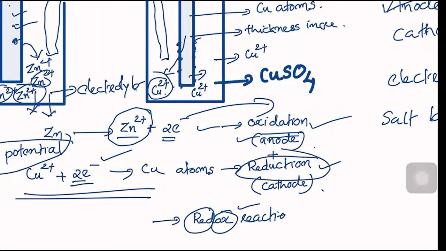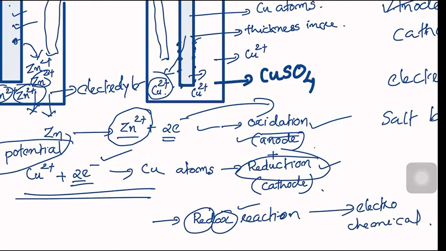So movement of electrons will happen only if there is an oxidation followed by reduction. So the reaction should be a redox reaction. Very important point. Only redox reactions can become electrochemical reactions. You can ask a question, is there any reaction which is not redox? For example, hydrochloric acid and sodium hydroxide forming sodium chloride and water, a very famous neutralization reaction.